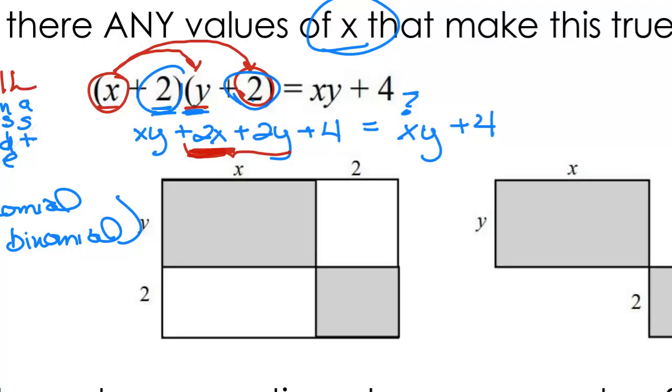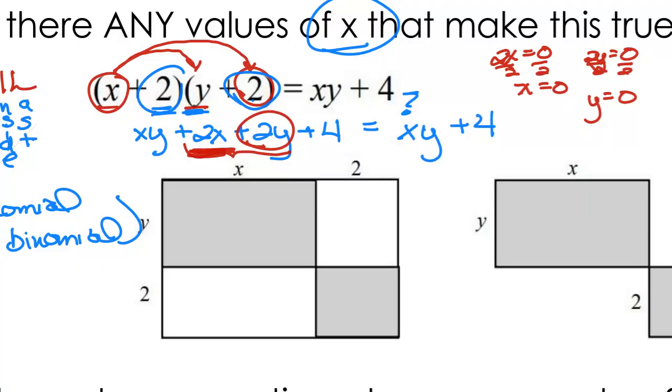It's not there. So what does x have to be? If 2x is equal to 0, x has to be 0, right? So if 2x is equal to 0, divide by 2, x has to be equal to 0. Same for 2y. There's no 2y over here. So if there's nothing over there, then y also has to be 0.